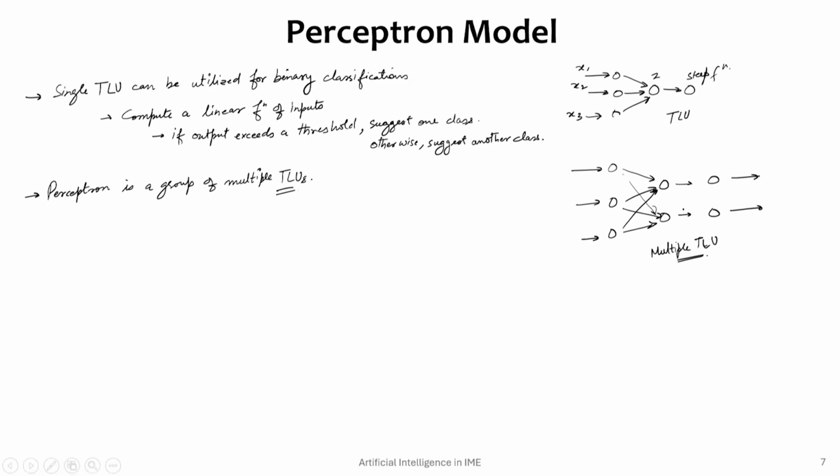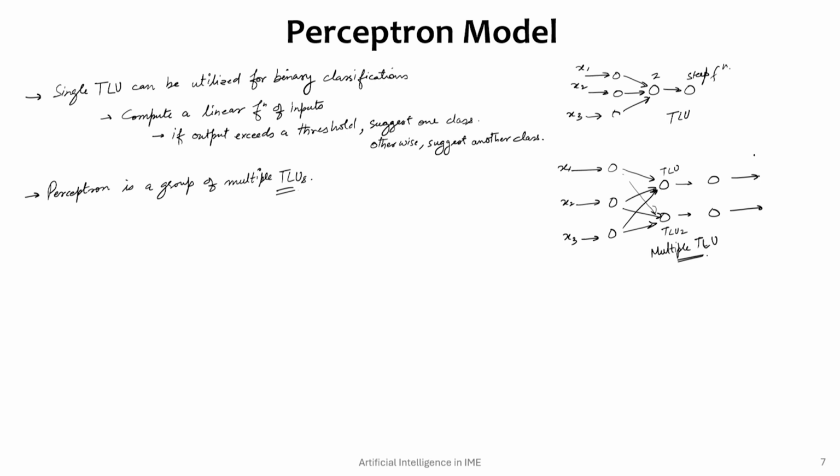One thing you should understand here is that I am connecting every input x1, x2, x3 with each of the neurons. These are your TLU1, TLU2, and I am connecting each input with each TLU. This is a fully connected network, but it is also possible that some of the inputs get connected to only some of the neurons.